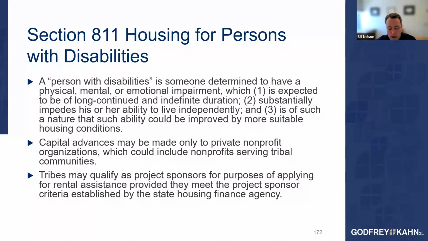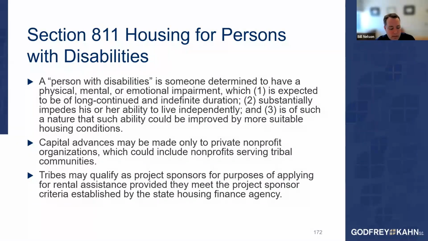Two, that the impairment substantially impedes his or her ability to live independently. And three, that the impairment is of such a nature that such ability could be improved by more suitable housing conditions. So the impairment definition is fairly broad, but then you have to make the case that there's a need and someone's life would be improved with this service.